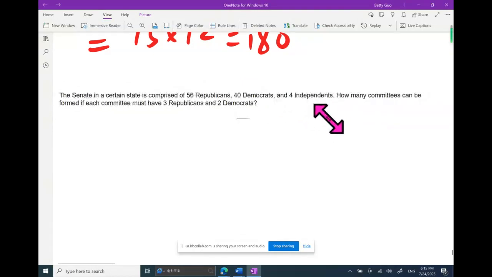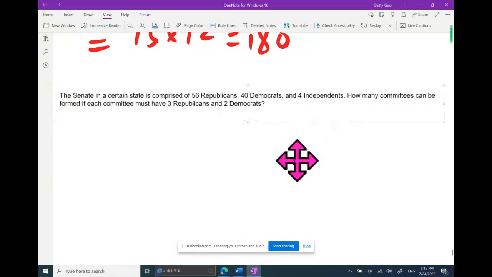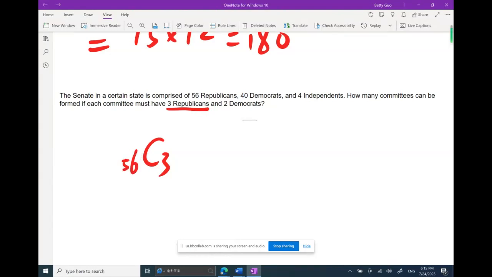So we're going to apply the fundamental counting principle. The first step: how many Republicans? We need 3 Republicans from how many Republicans? 56 Republicans. And then the second step is we choose 2 Democrats from the 40 Democrats.